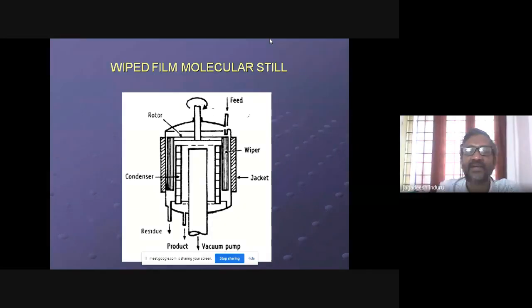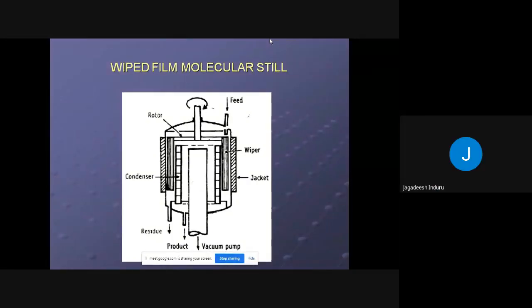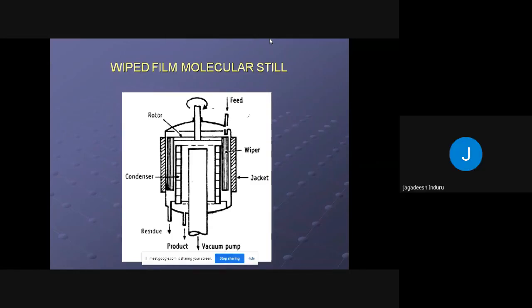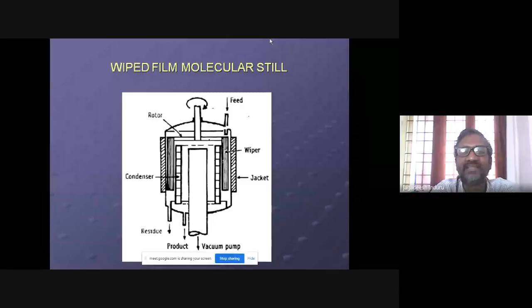A wiper is a blade-like structure, just like a spatula, a knife-like structure. It moves around the surface of the still, making the film formed very thin. The thinness makes the operation faster and also increases the surface area.